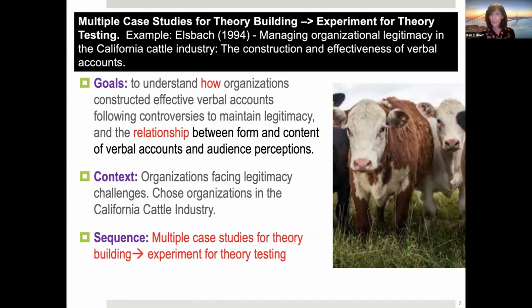I did several case studies of organizations in that industry to build a broad and context-rich framework about how these organizations responded to legitimacy threats. And then I took a few of the accounts that I found there and devised an experiment to test some of those ideas from the qualitative case study. So it was a nice way to test at least a portion of what I found from the qualitative study.